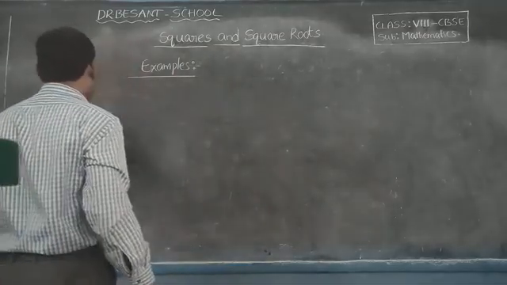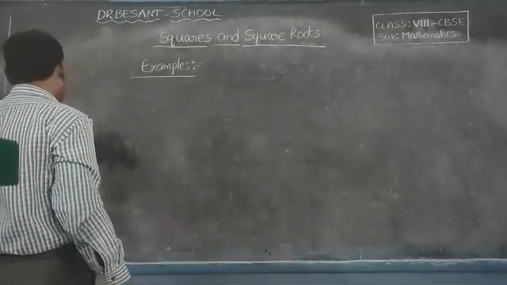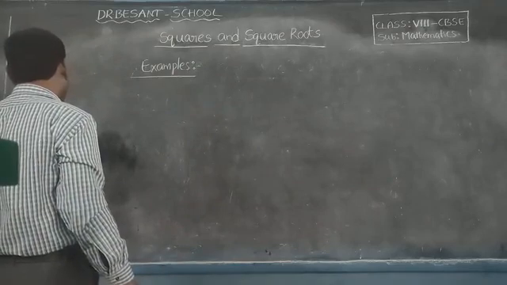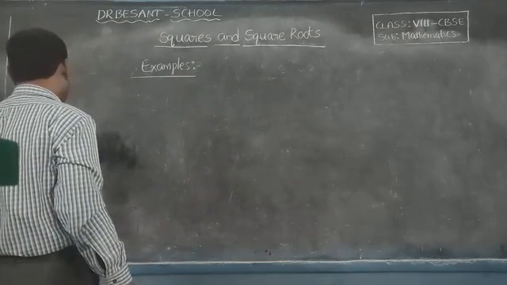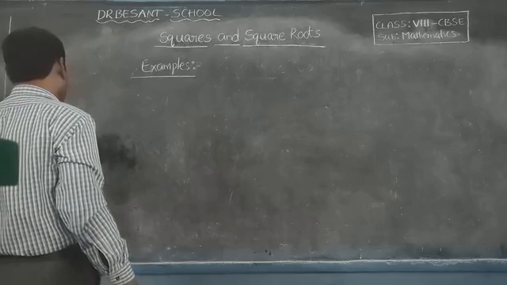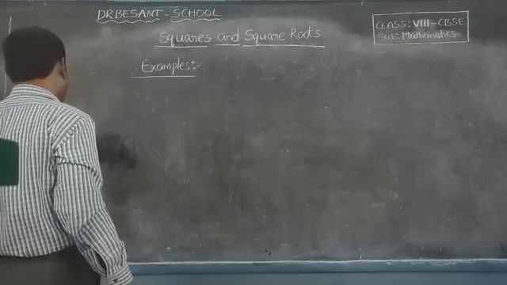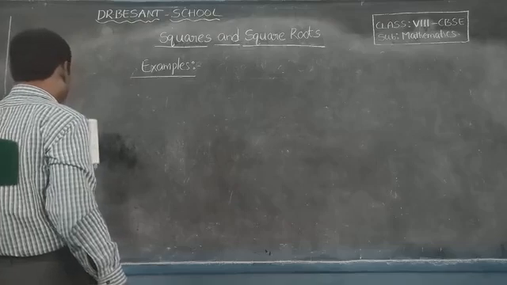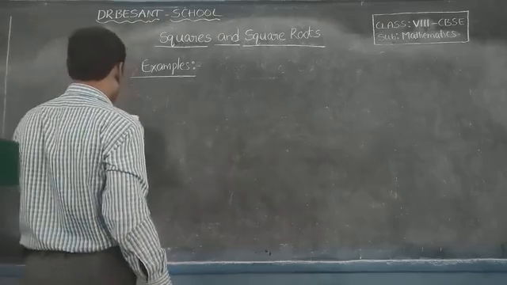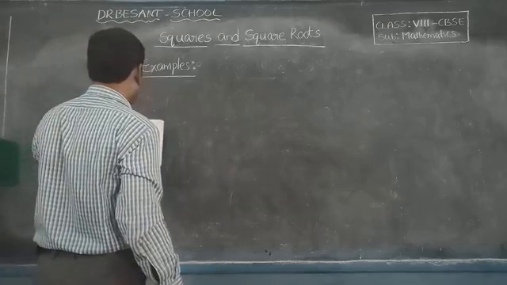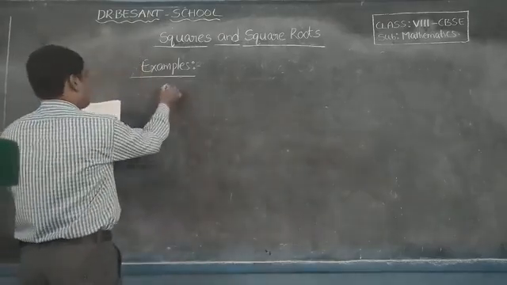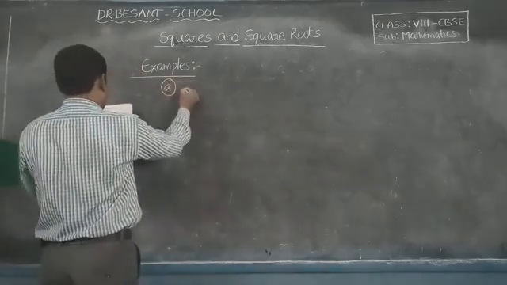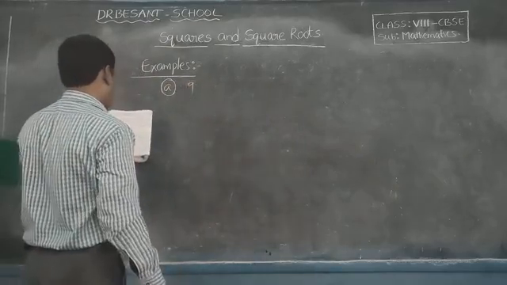Which odd numbers add up to give the squares of the following numbers? Say the first one, 9.